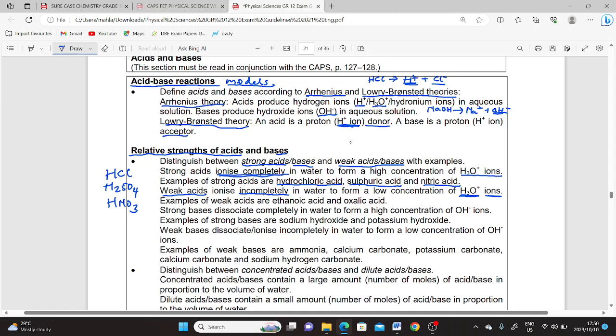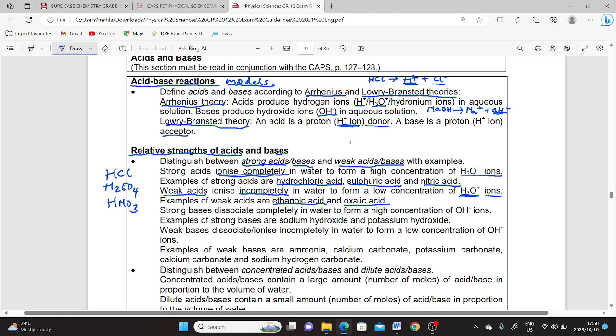So it means we will have a low number of H3O plus ions in the solution. Examples of weak acids are ethanoic acid and oxalic acid.